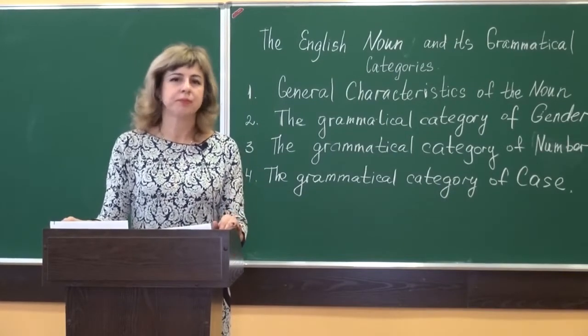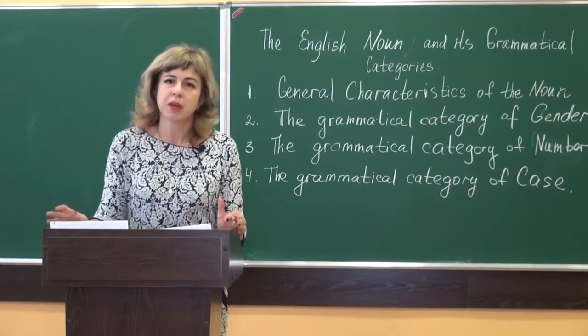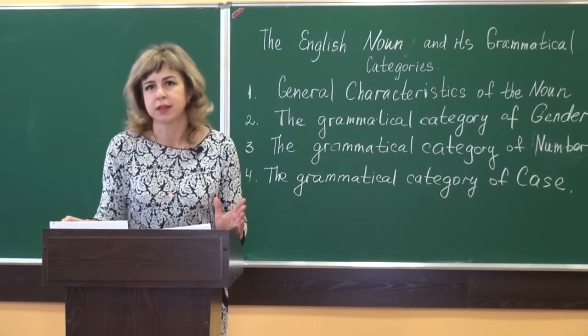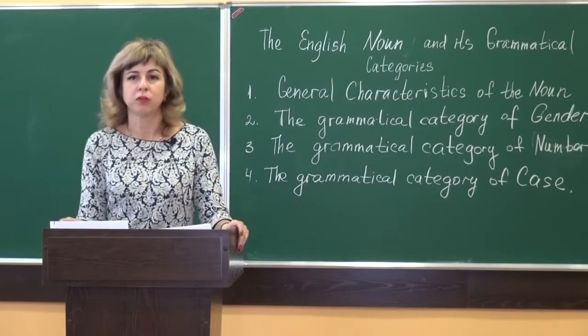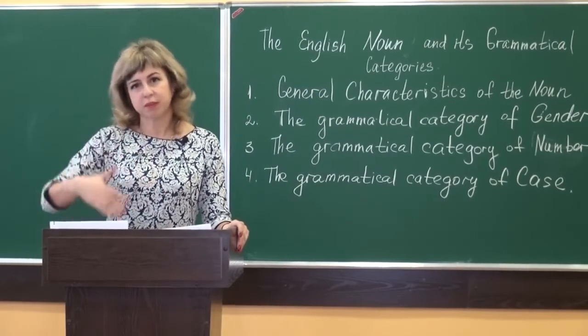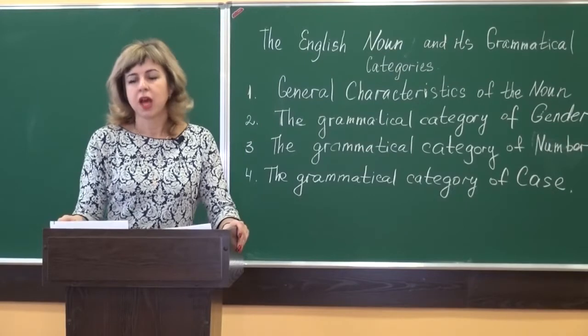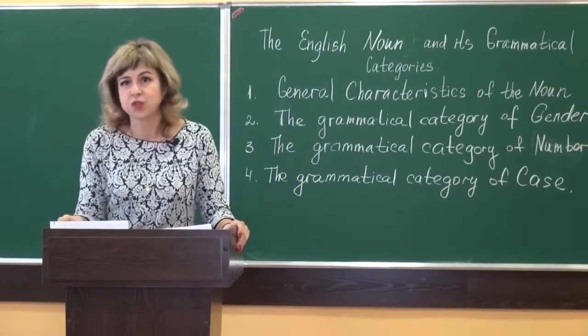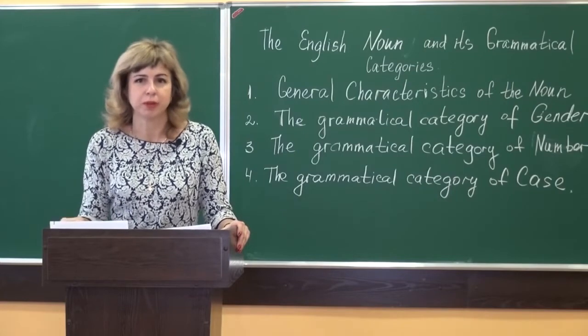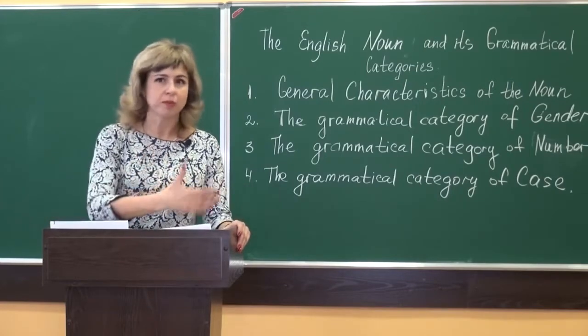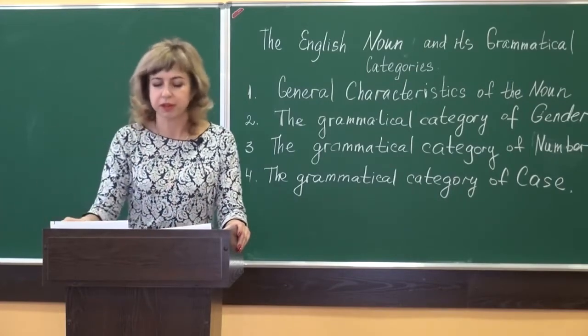Sometimes the difference may be not lexical but stylistical. For example, in the word brother, we have two plural forms. The word brothers means people being male relatives, and the word brethren means spiritually united people, like brethren in arms or brethren by the spirit, and the like.